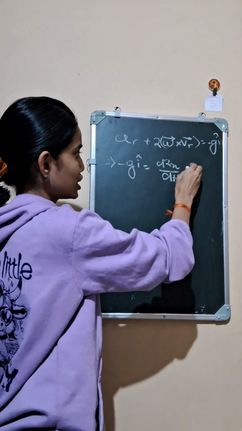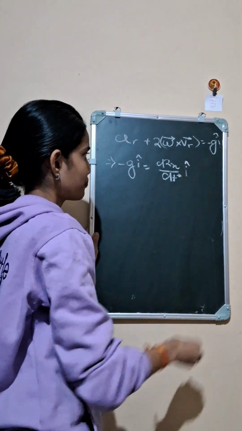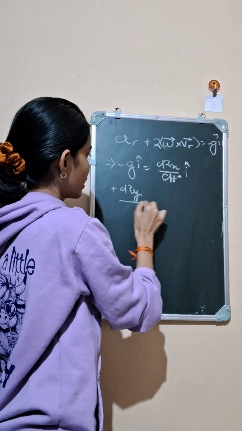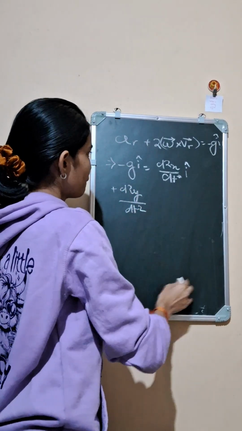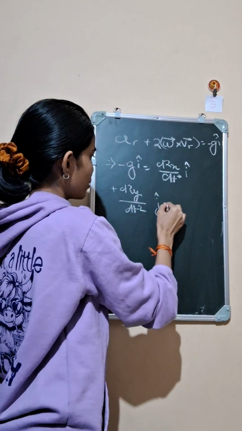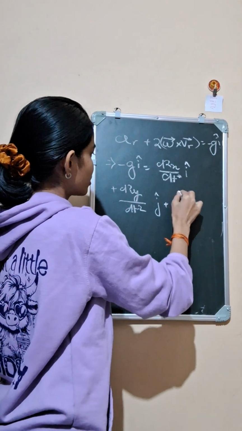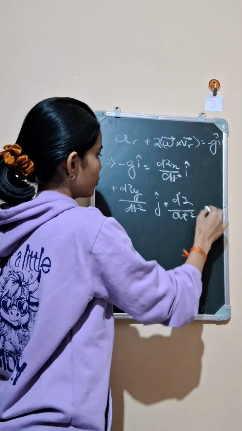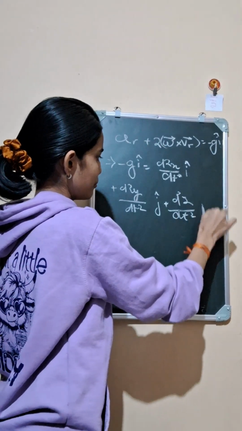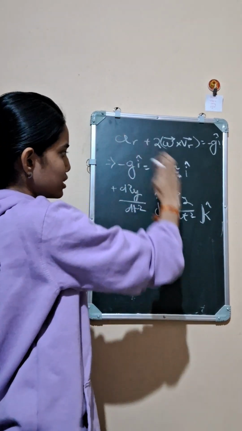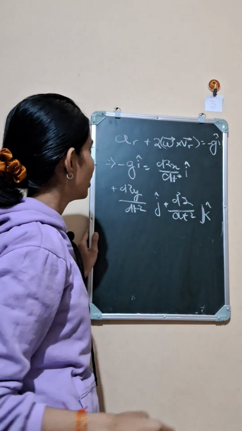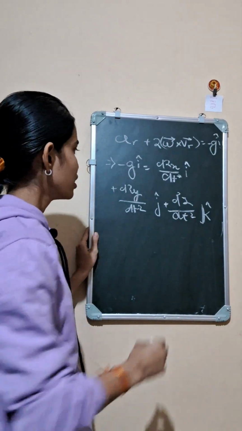This acceleration is along i cap direction, plus d2y by dt square j cap plus d2z by dt square k cap, right.